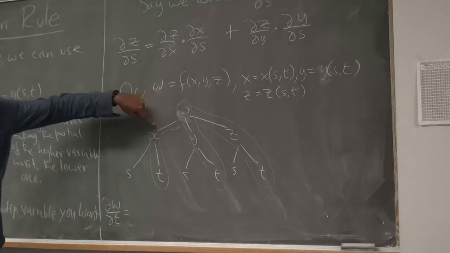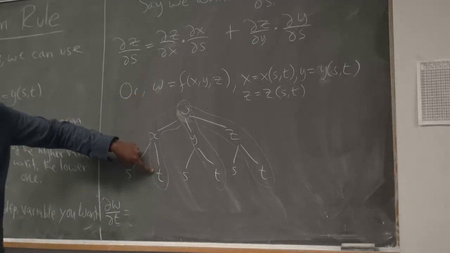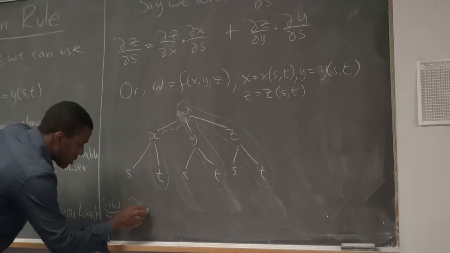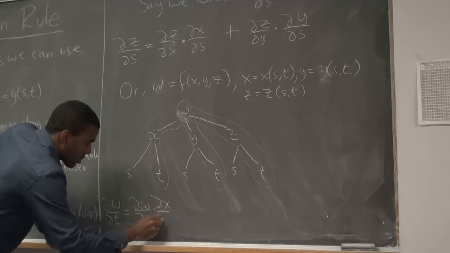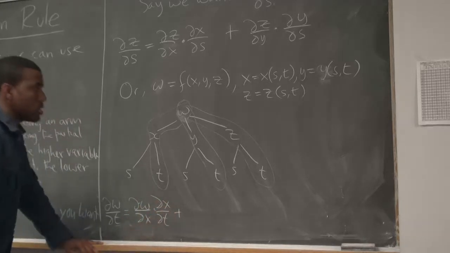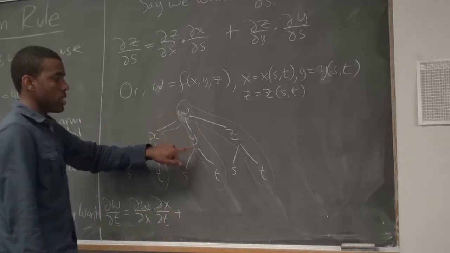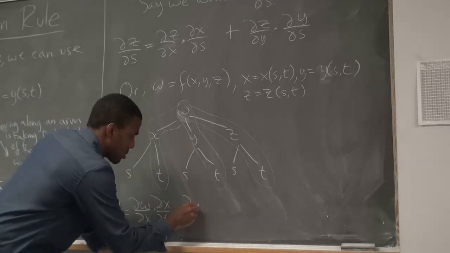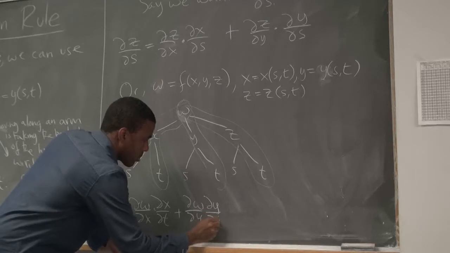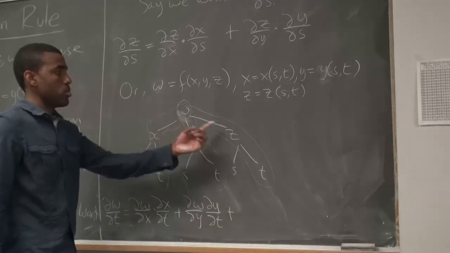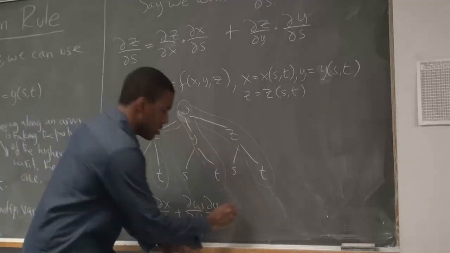So it's w with respect to x, then x with respect to t. Plus w with respect to y, then y with respect to t. Plus w with respect to z, z with respect to t.